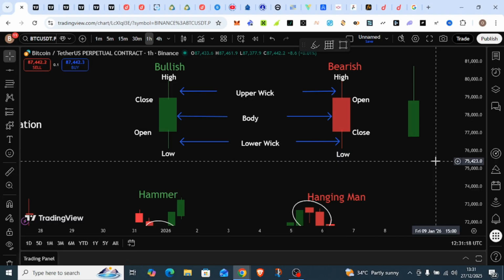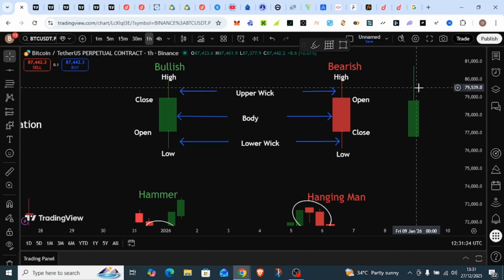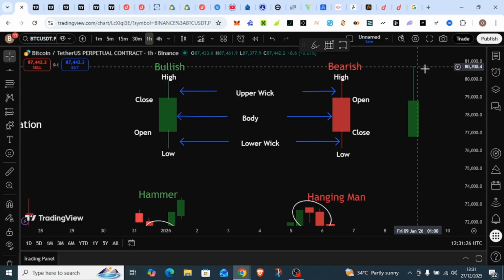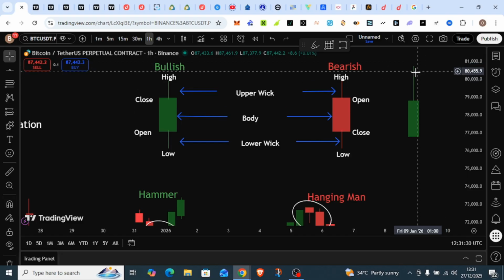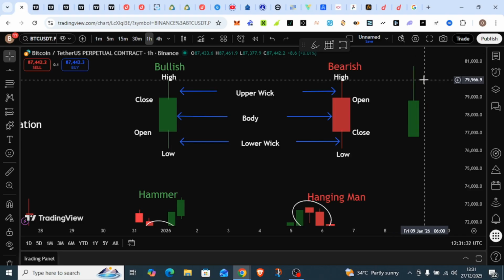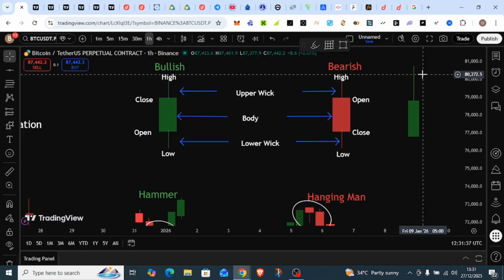If we have this bullish candle here with a high wick, with this long wick, it shows a rejection. It means that sellers pushed price down. That is exactly what it means.